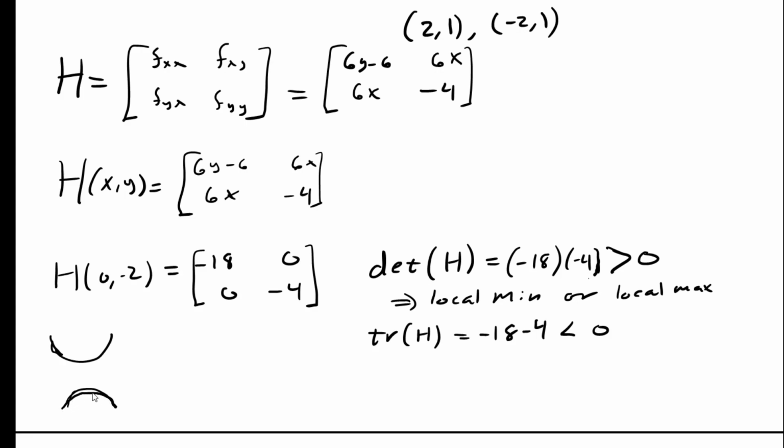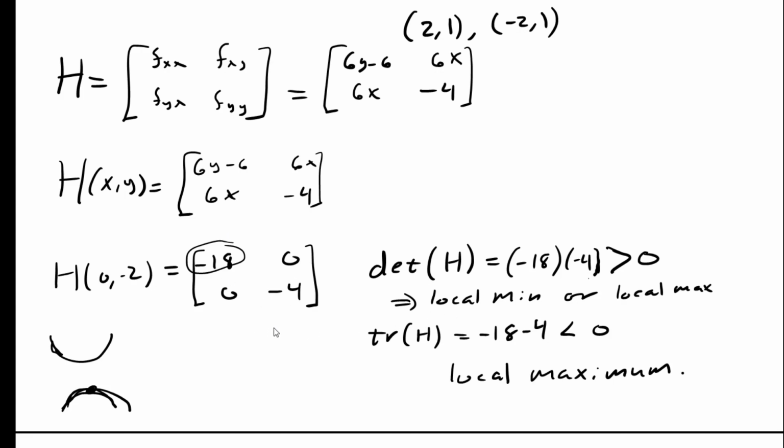So it's going to be like this, meaning that our point is going to be a local maximum. Okay, so you also don't need to add these up. Again, the way the book does it, it just checks one component, and that's enough for these problems. You don't actually have to add them together.